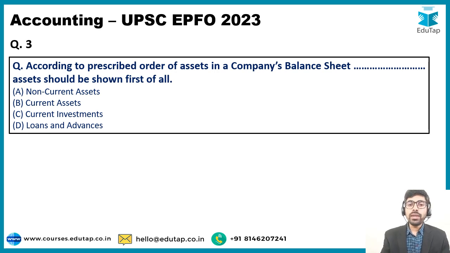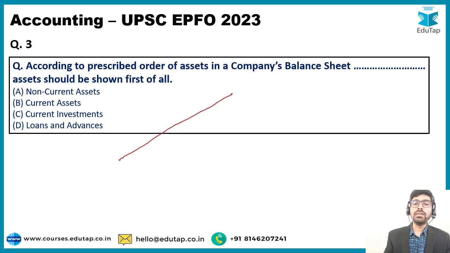Now let's come to the next question. According to the prescribed order of assets in a company's balance sheet, dash assets should be shown first of all. The options are non-current assets, current investments or loans and advances. So friends, when we talk about a balance sheet of a company, it comprises the assets as well as liabilities. And if you're talking about the assets, then first we have the non-current assets, like furniture, building and machinery that you have.